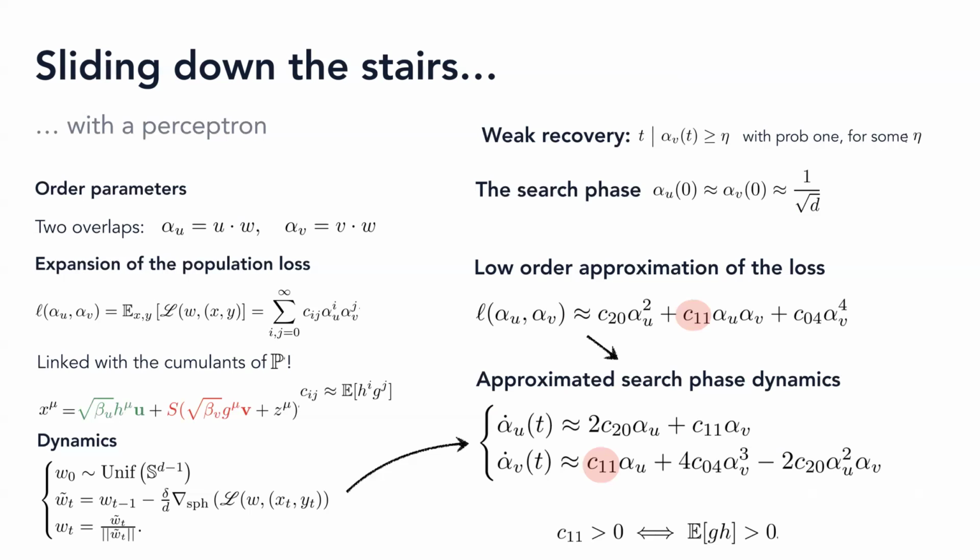And so it will have a form that's just a polynomial in the variables alpha u, alpha b. The point is that at the beginning of training, when you initialize, you expect to have no overlap with the inner direction. So you will have, on average, an overlap of order 1 over square root of d.